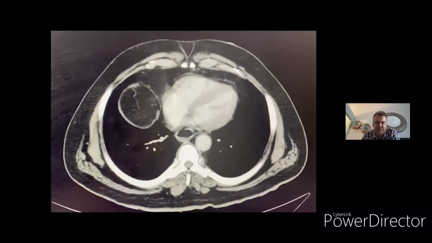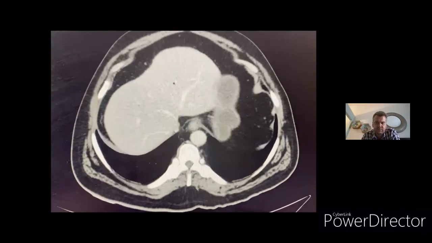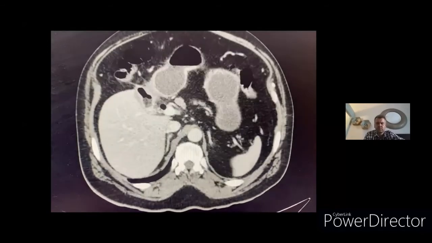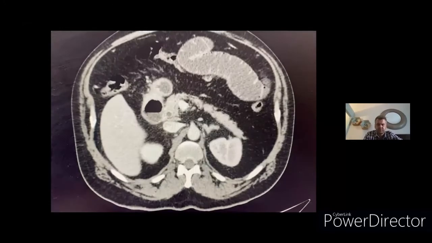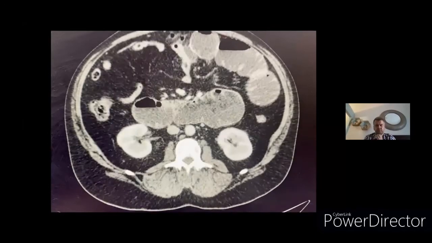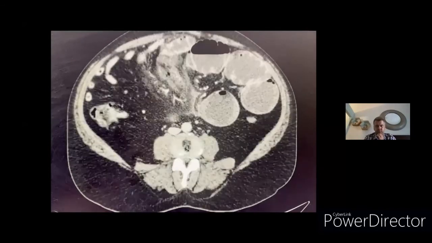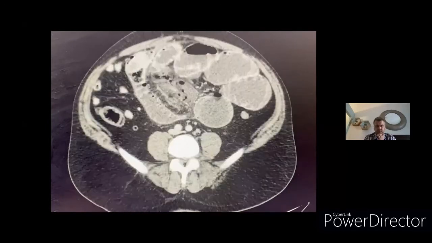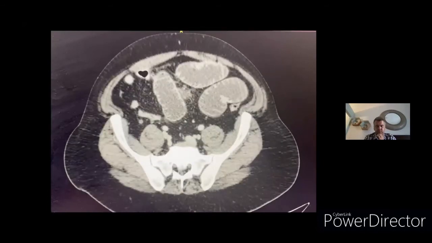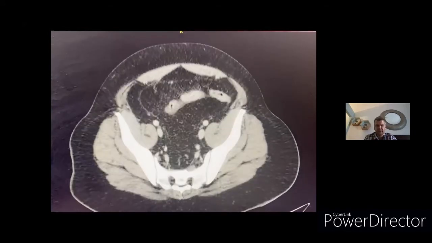This was his abdominal CT scan, the portal venous phase. Okay, now we're just going to go through a few of the highlights of that CT.